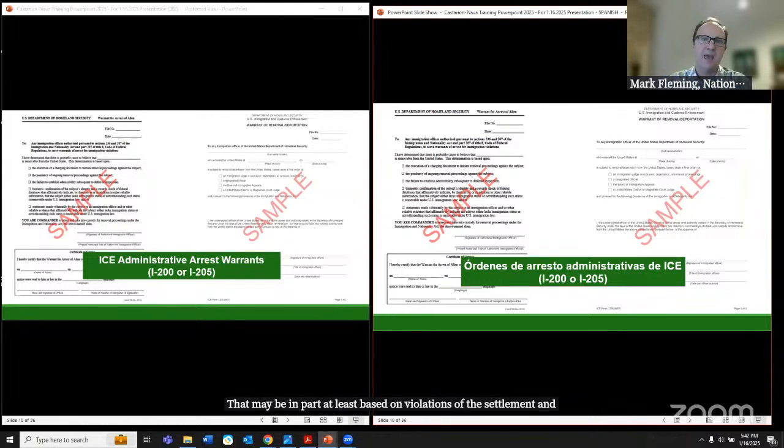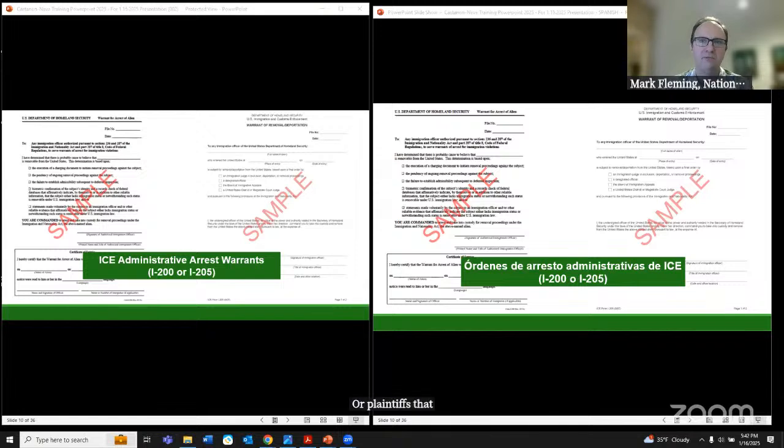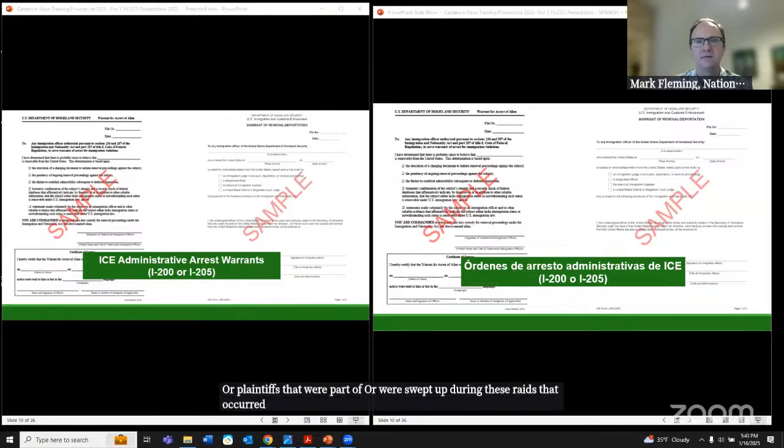And to the extent it comes up, we have some examples of motions like this that we filed, or one we didn't file, related to the named plaintiffs, or plaintiffs that were part of or were swept up during these raids that occurred back in 2018.